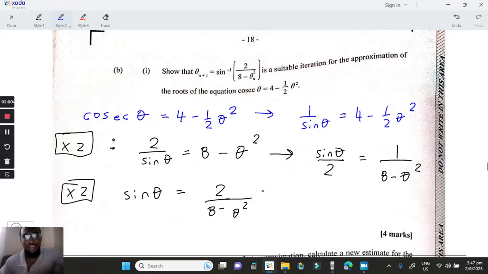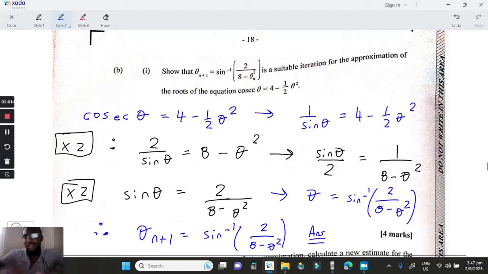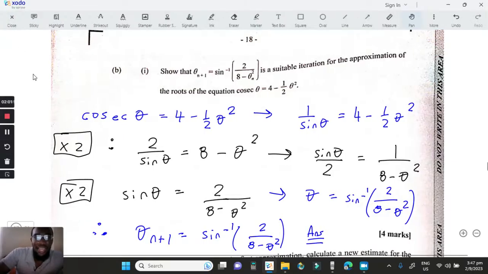So then we inverse it now. Which implies that theta is equal to sine inverse of 2 over 8 minus theta squared. So thus we can say, therefore, theta n plus 1 is sine inverse of 2 over 8 minus theta n squared. Just algebra, guys. A grade 9 student could do that.